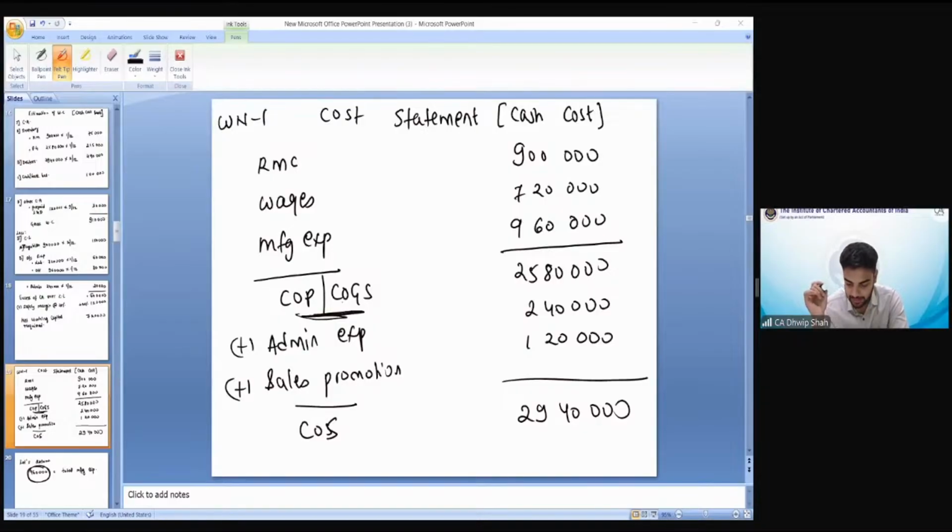No, is depreciation amount always given? That is not correct. Sometimes they may give, sometimes they may not give. It won't be the case that they give it every time or never give it. If the depreciation amount is not given, then you have to assume that this entire manufacturing expense is cash manufacturing expense.